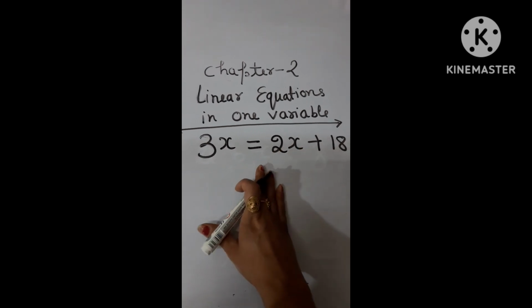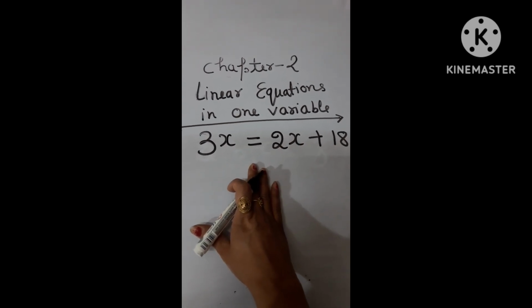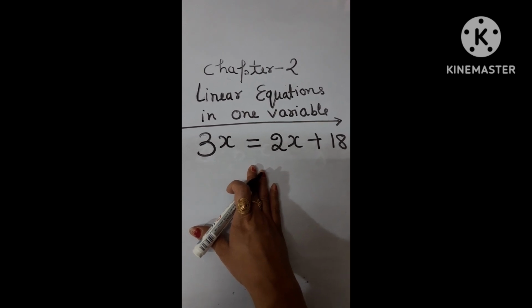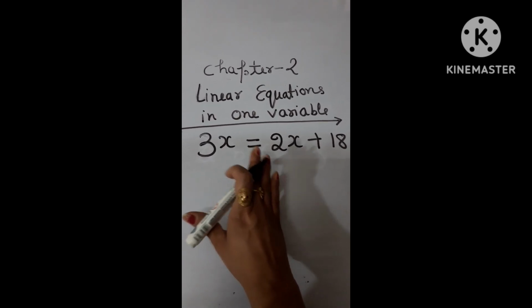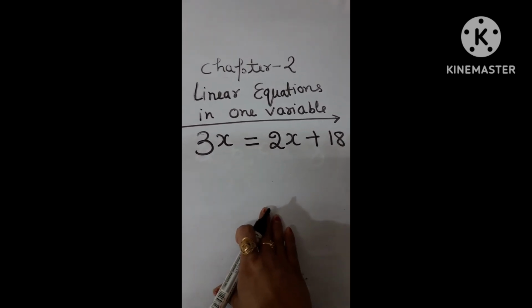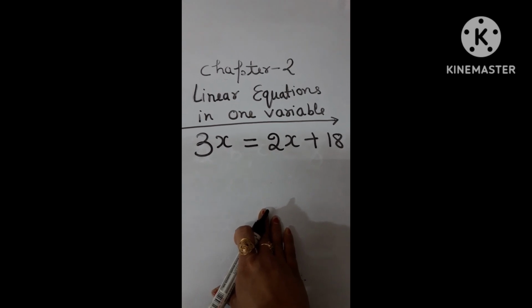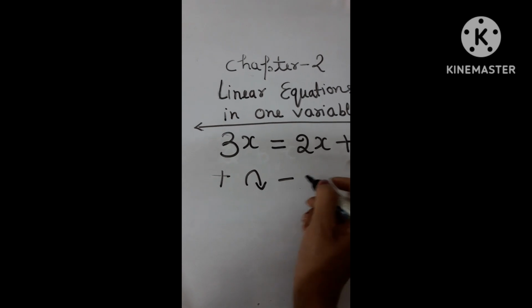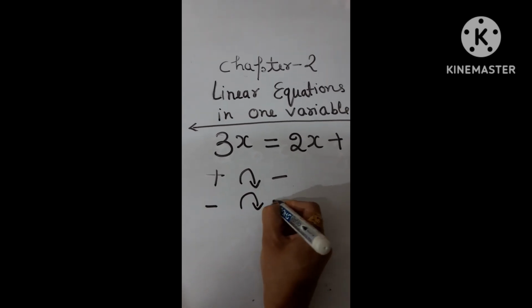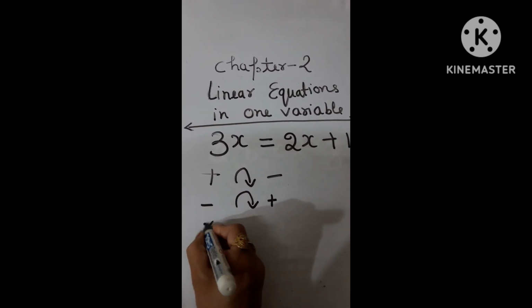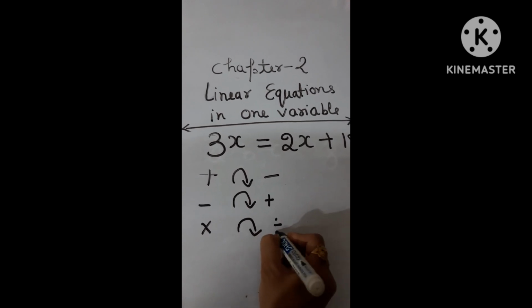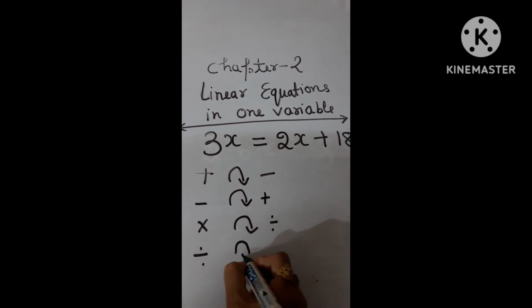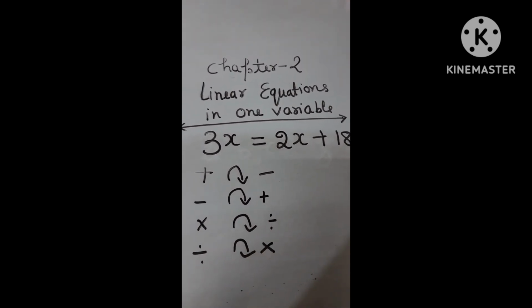Okay, and if you know about the rules, there will be a change in the sign whenever you change the position of the variable or the constant involved in the equation. The plus sign will be changed into minus, the minus will be changed into plus. Multiply will change into divide and divide will change into multiply.